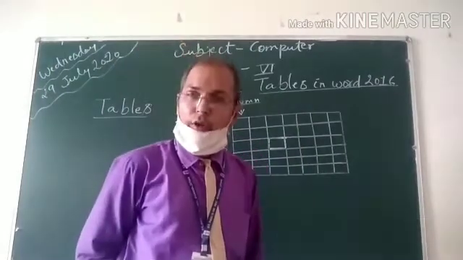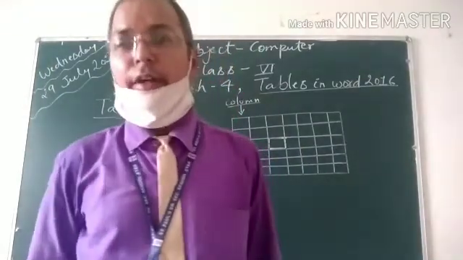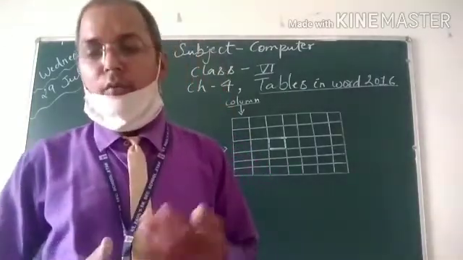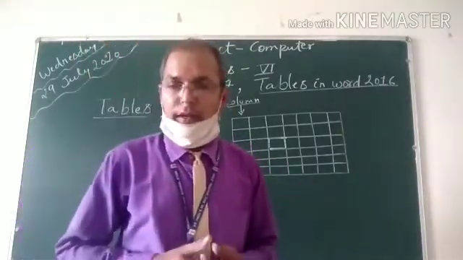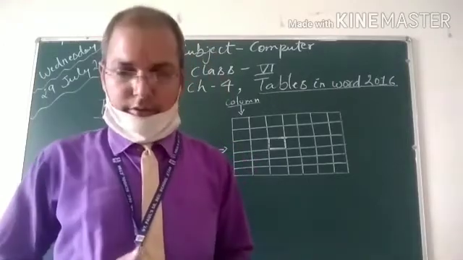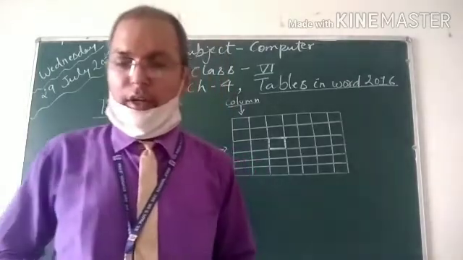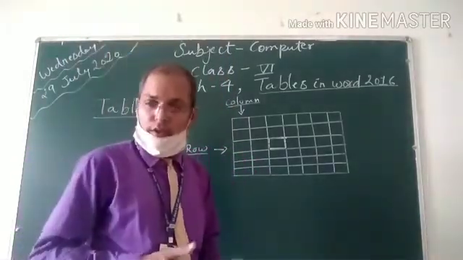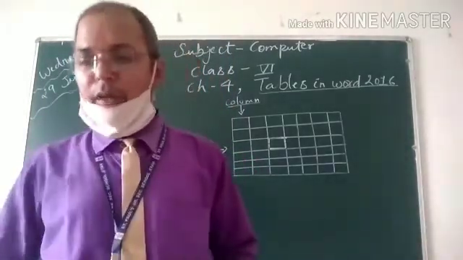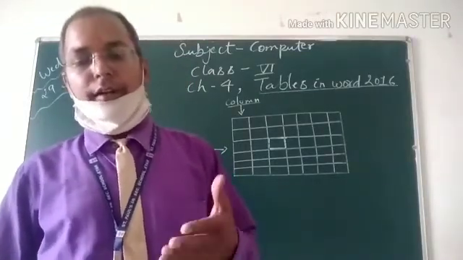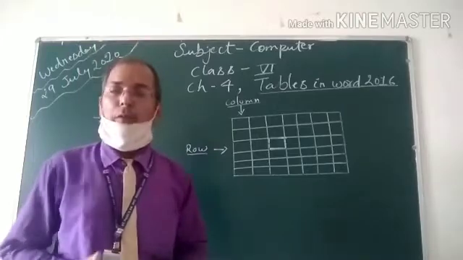So tables are very important entities in a document. A table can represent various forms of data like subject versus marks, subject versus classes, subject versus teacher, team versus score, and many more tabulations.